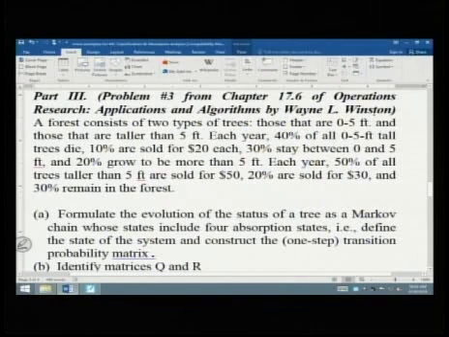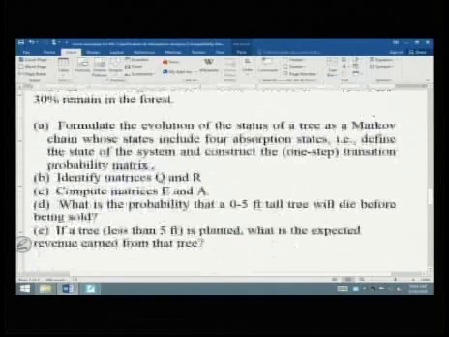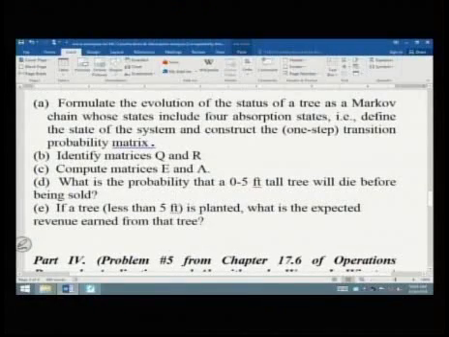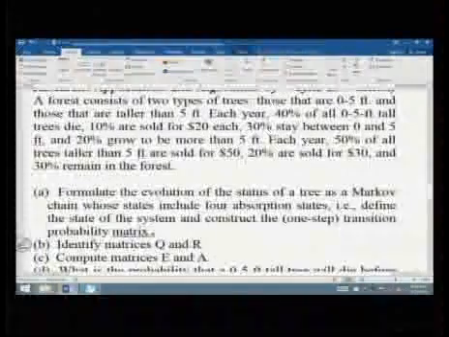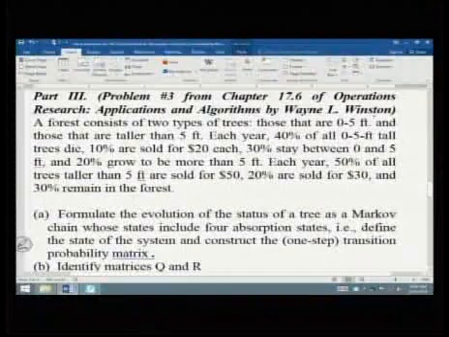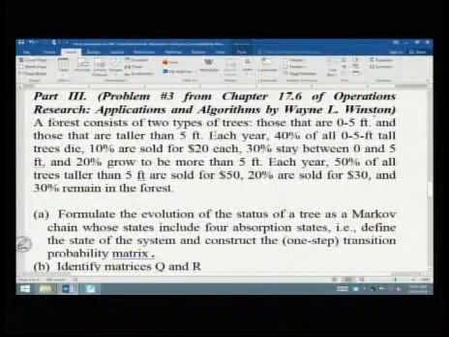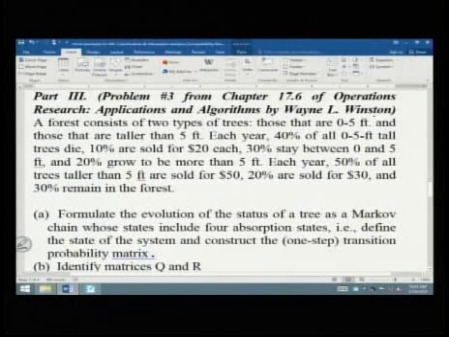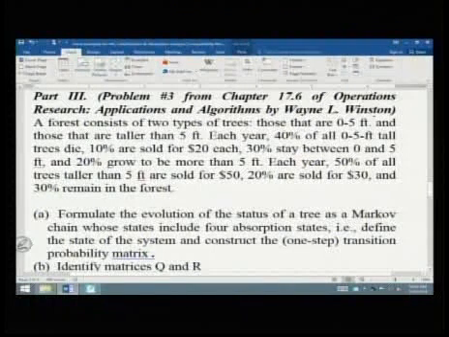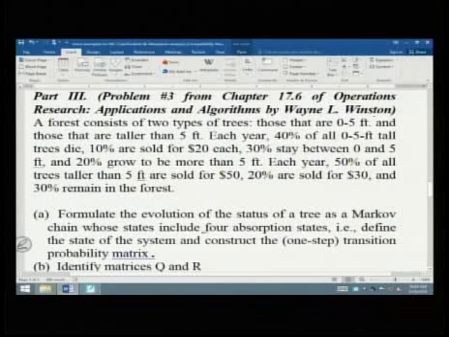Let me give you about 3 minutes. Please read through, and then this time, try to formulate the Markov chain model. And make sure your Markov chain does include 4 absorption states.